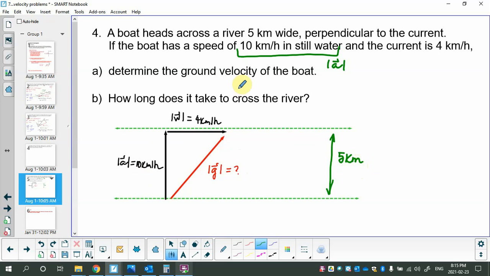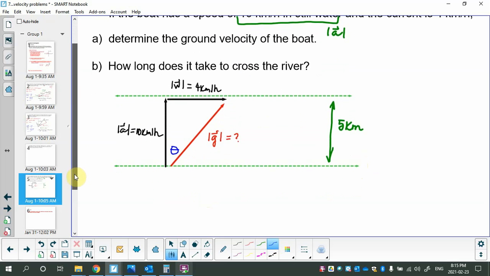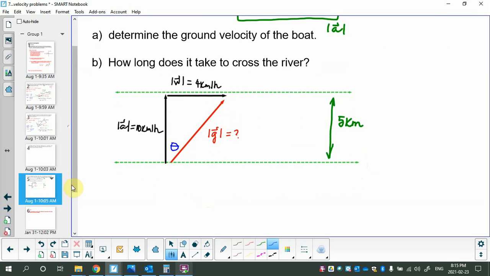And the question says, determine the ground velocity of the boat. So I am going to put my theta here with respect to the shore. All right, so do you want to do sine law or cos law? And the answer is actually neither. Hopefully you get, because it said perpendicular, that you know you have a right angle triangle.